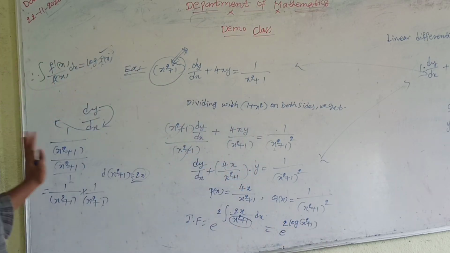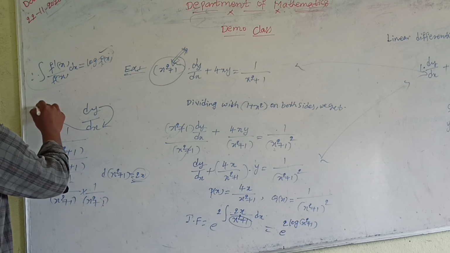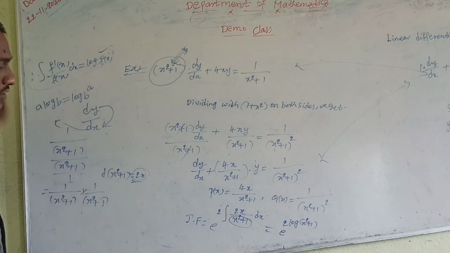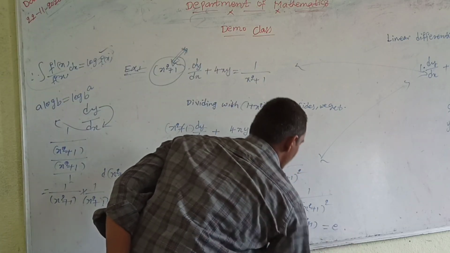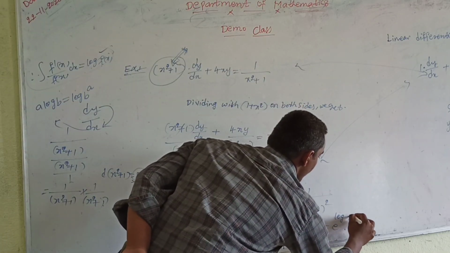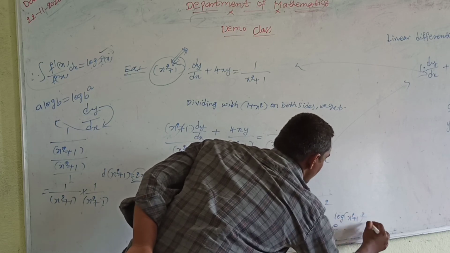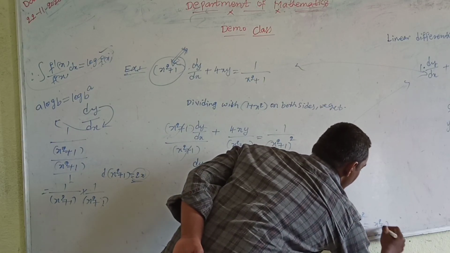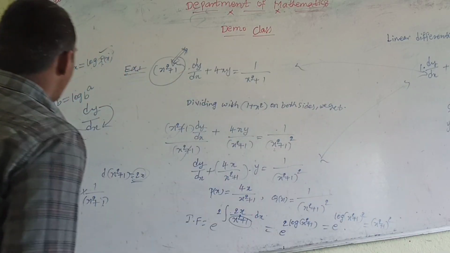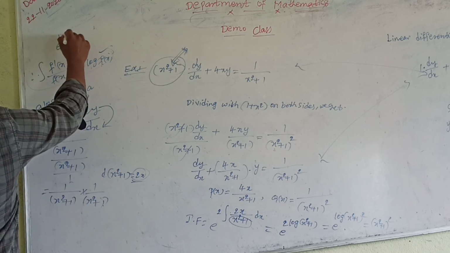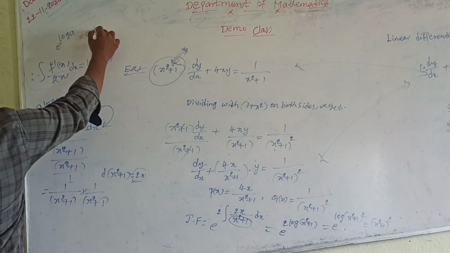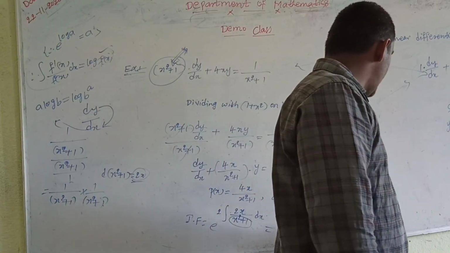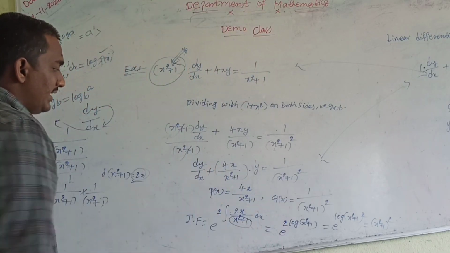It is in the form a log b, which we can write as log b power a. So e power log of x square plus 1 whole square. It is in the form e power log a, and e power log a is equal to a. In place of a we have x square plus 1 whole square. Here we get the integrating factor.